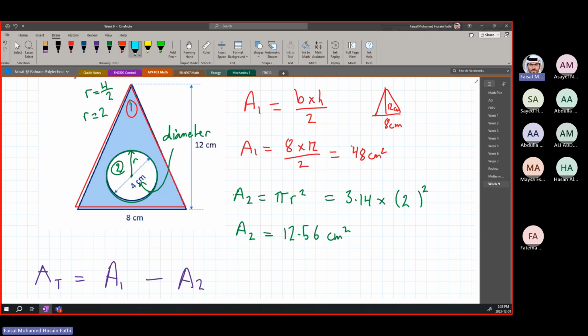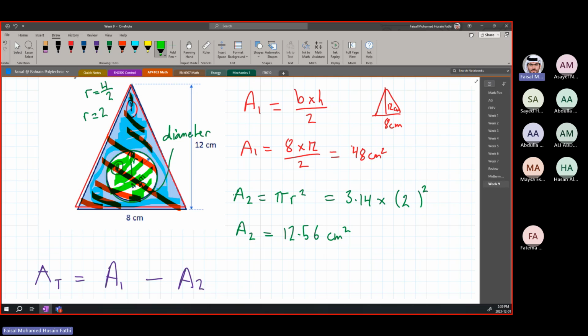So the blue part here, we need to find just this area, without the circular part. Okay? So to be able to do that, what we do is we find the total area of this triangle, the full area, but then we remove just this green part in the middle.